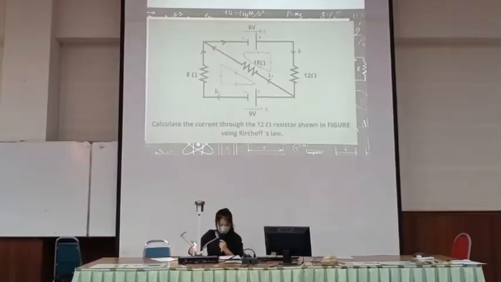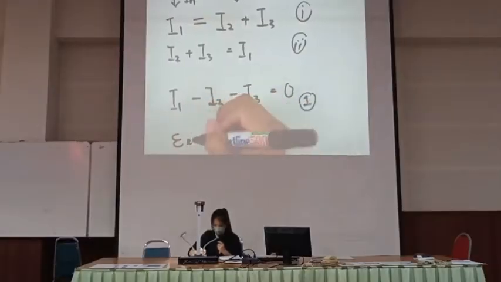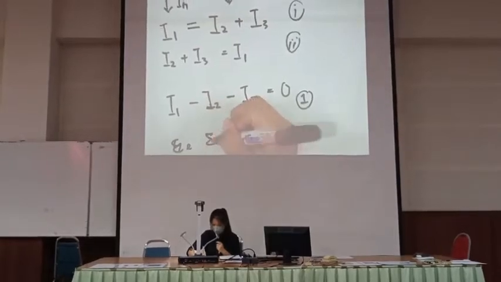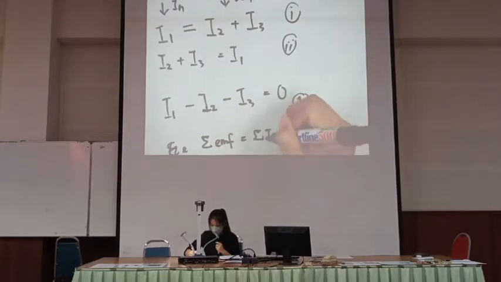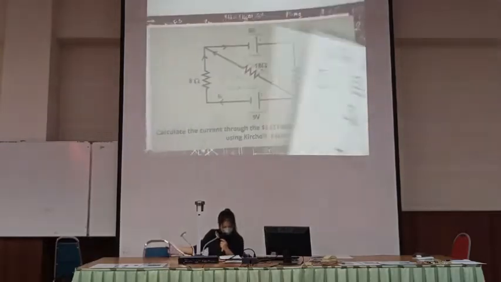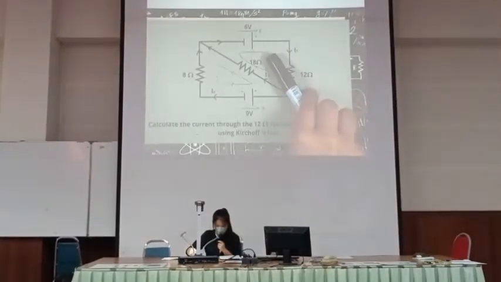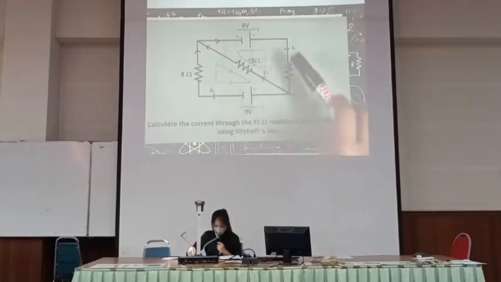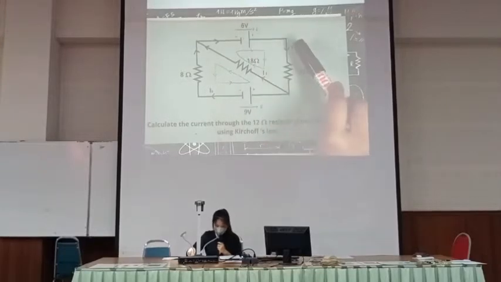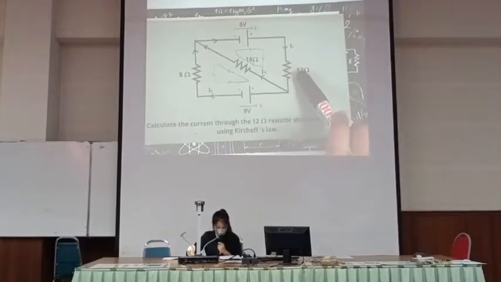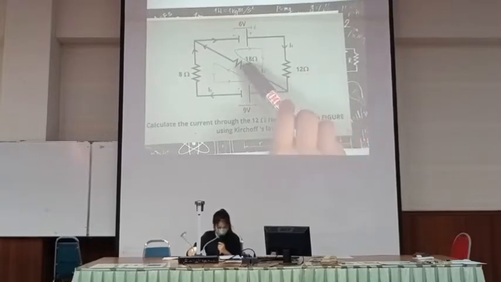equation. Then, according to the KHONG second rule, the total of EMF is equal to the total of IR. So this is first loop, this is second loop. In the first loop, there is only one battery which has the voltage of 6 volt, and I1 pass through the 12 ohm resistor and I2 pass through the 18 ohm resistor.